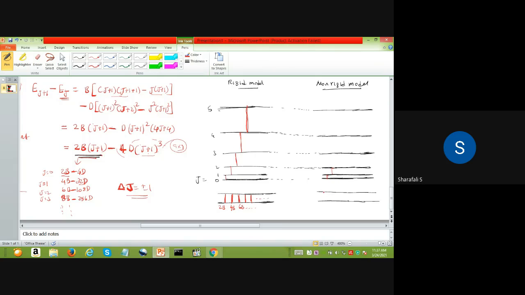When you consider that spectral line, the first one will be here, then we'll be having some other value. And when we go to those higher values, then the spectra will come close to each other, when we go higher and higher.